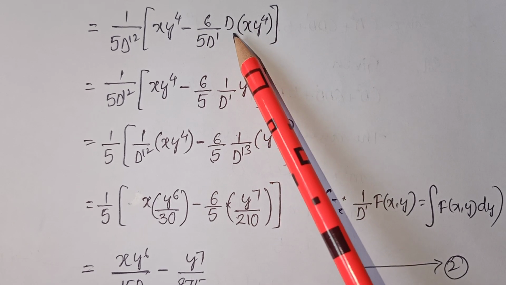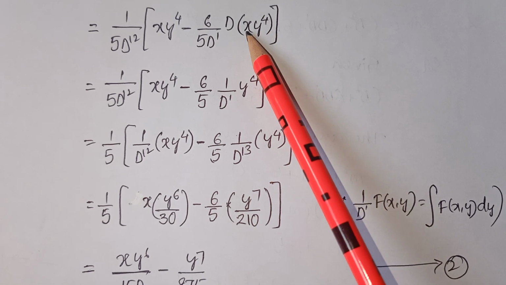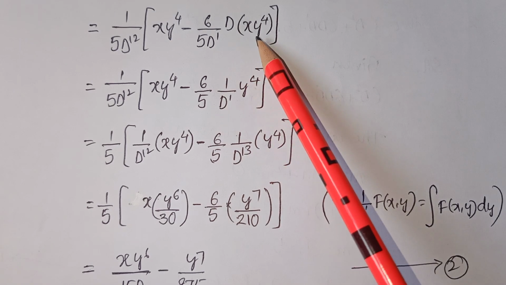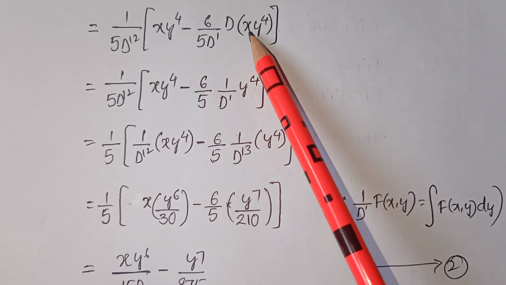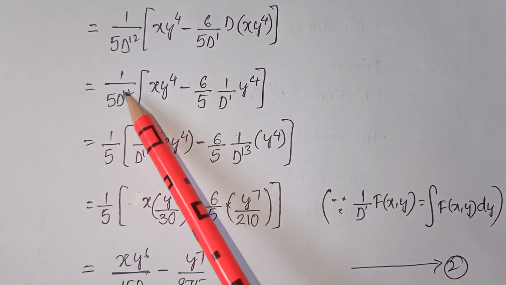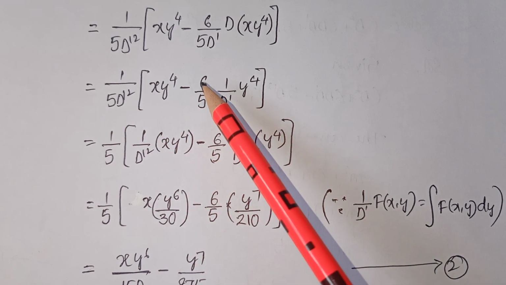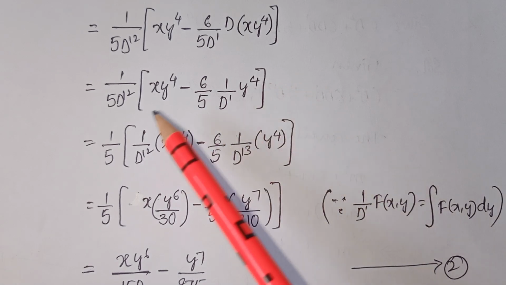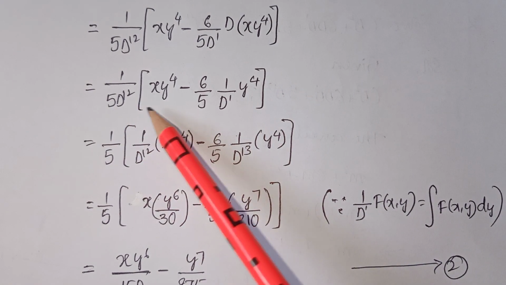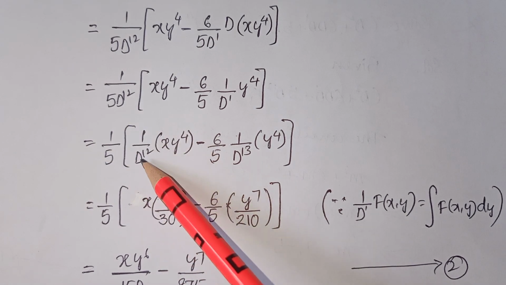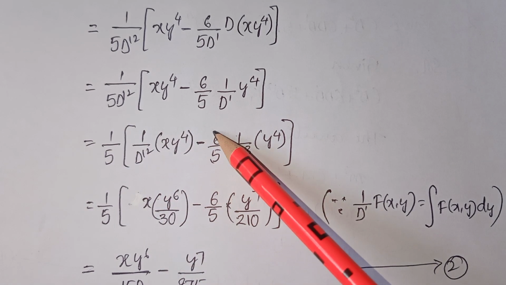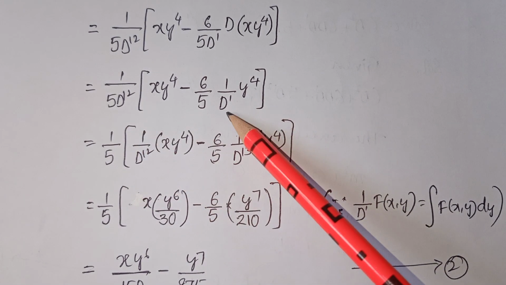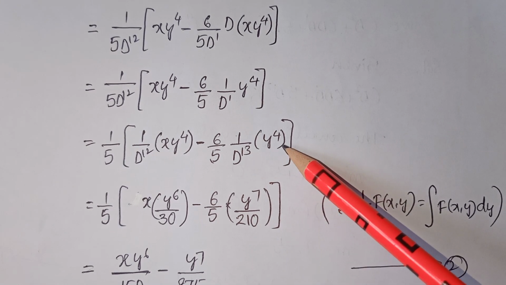Capital D is nothing but ∂/∂x, which means we differentiate with respect to x only, where y is constant. ∂/∂x of x is 1. So 1/(5D'²) xy⁴ - (6/5)(1/D'³) y⁴, once we take the D'² inside.